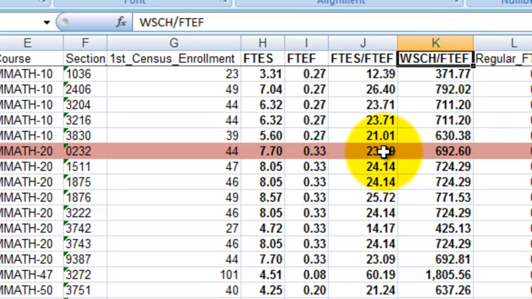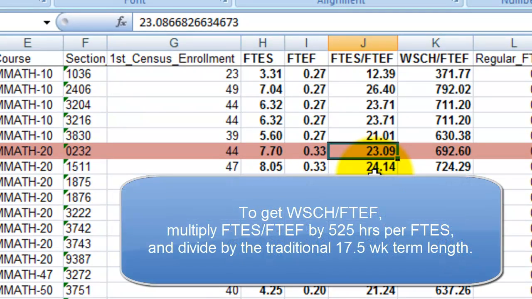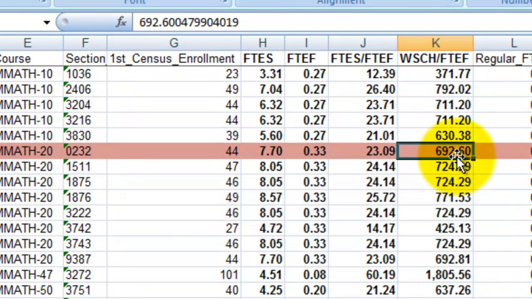But we take this value here and multiply it by the 525 contact hours per full-time equivalent student, and divide that by a 17.5 week traditional semester to say that the WSCH per FTEF for this class is 692, 693, which is a good one.